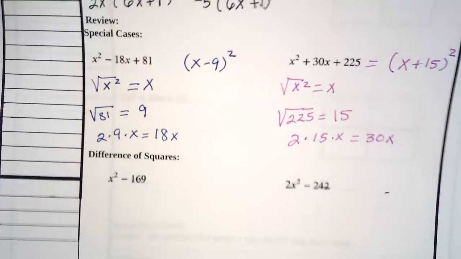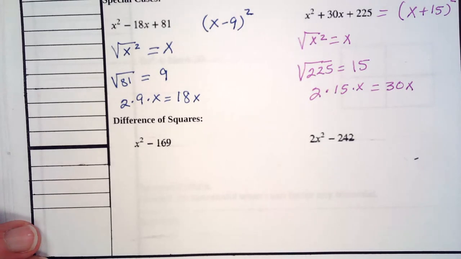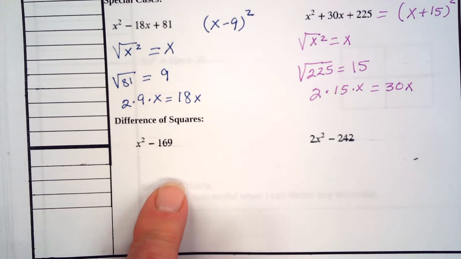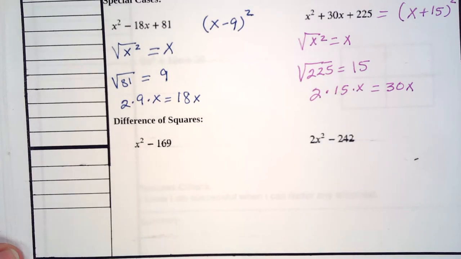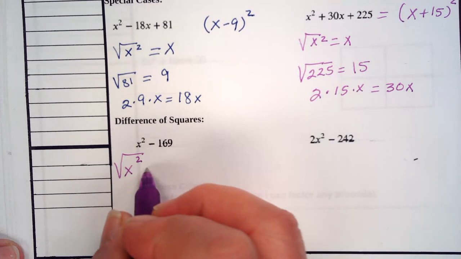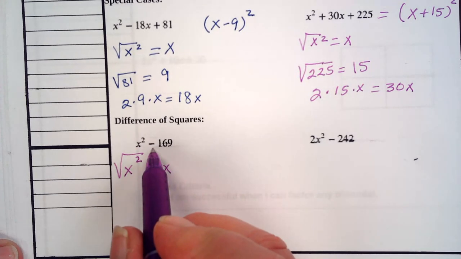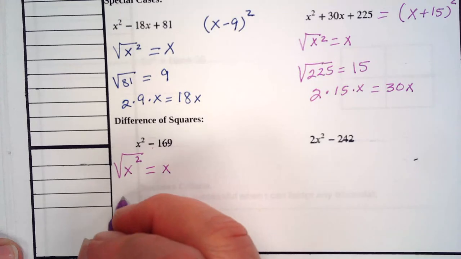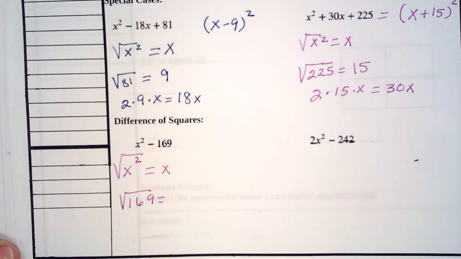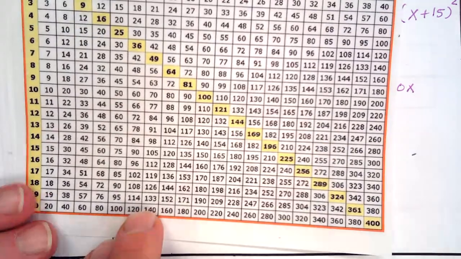That brings us to the difference of squares. So as we look, is the first term a perfect square? Yes. That's x. Do I have a minus in the middle? Yes. Is the last one a perfect square? Once again, look at your chart.